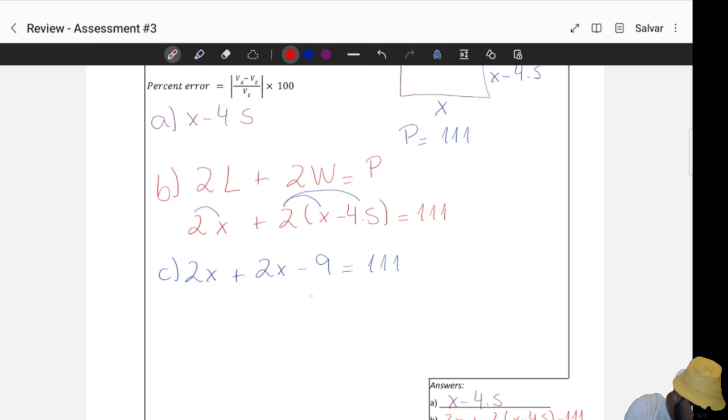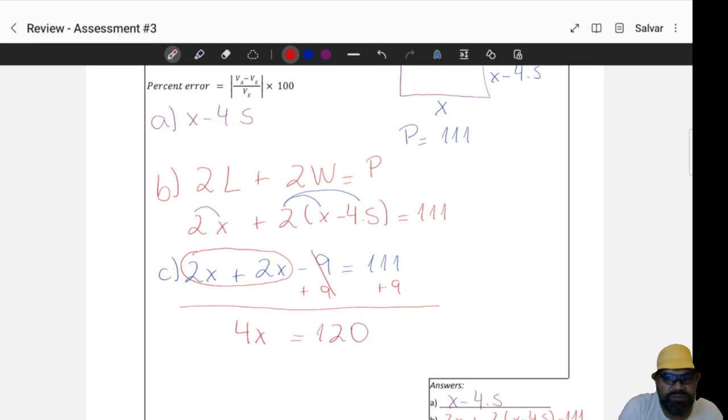Let's add 9 both sides. And combine those 2x, which will be 4x, this 9 here goodbye, equals 120.